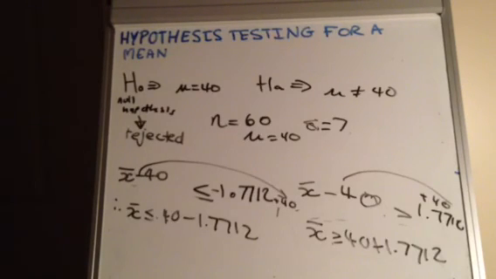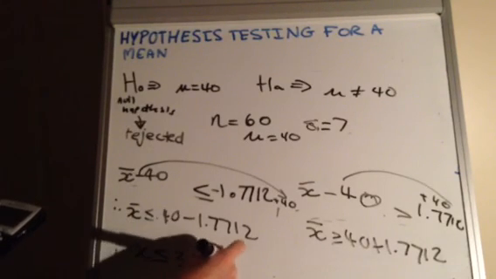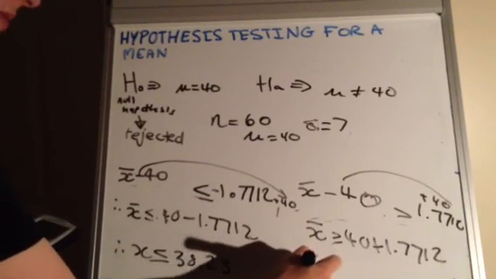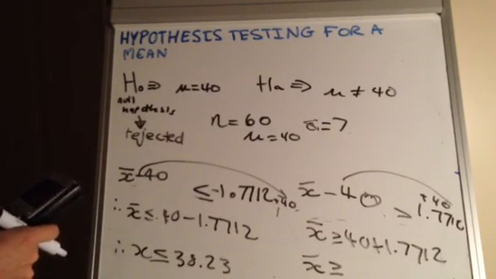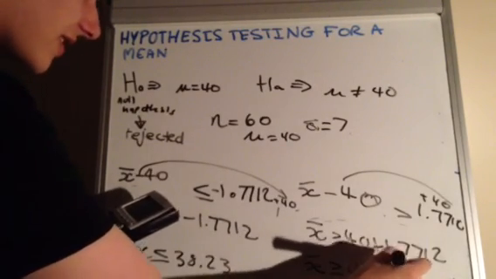So we simply go through this and do the arithmetic here. And for this side we get that x bar must be less than or equal to 38.23 when we round it. And on this side we get that x bar must be greater than or equal to 41.7712.